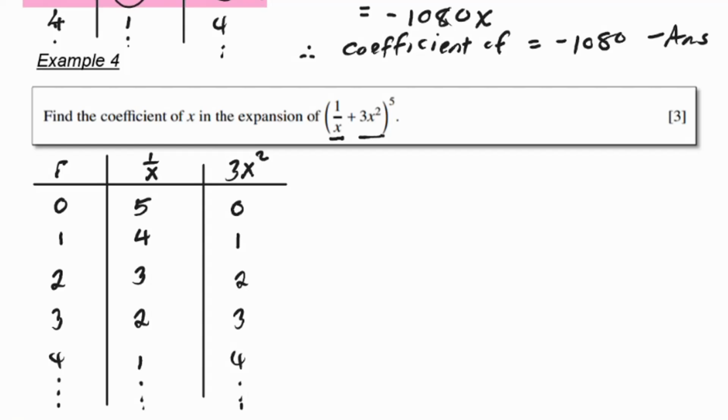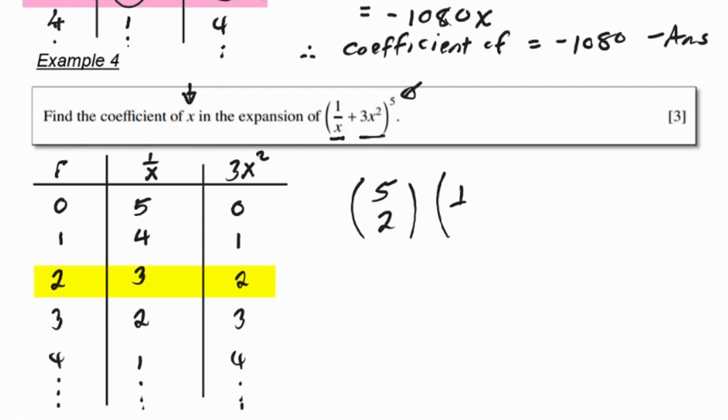Right, so we need to find the correct set of powers, which will result in us getting a term in x. All right, so the correct set of powers, we can consider this pair here, which will give us the highest power is 5. So 5 choose 2 of 1 over x to the power of 3, and that's of 3x squared to the power of 2.